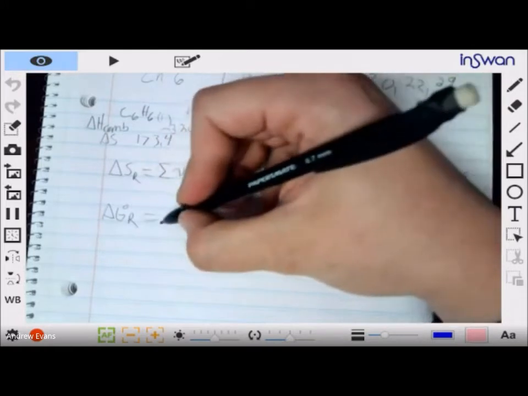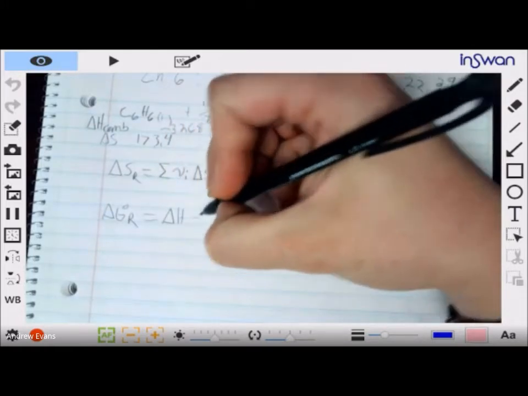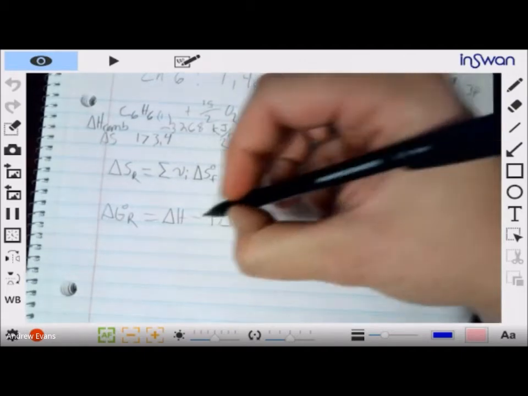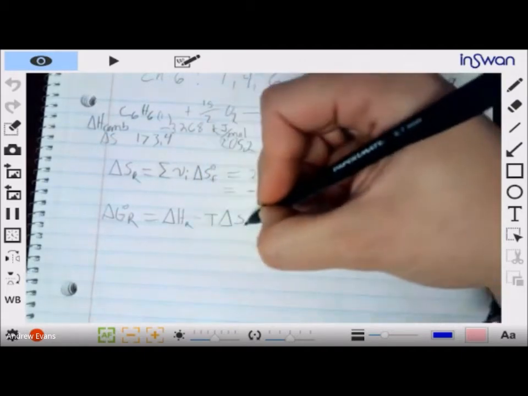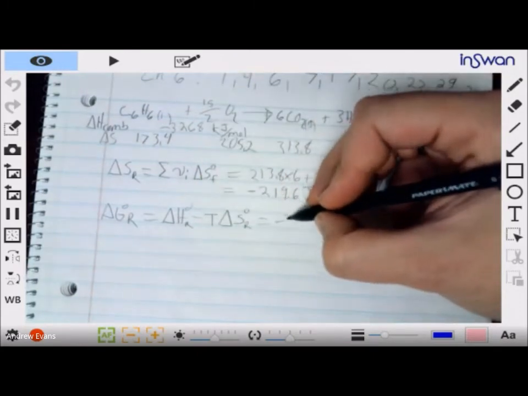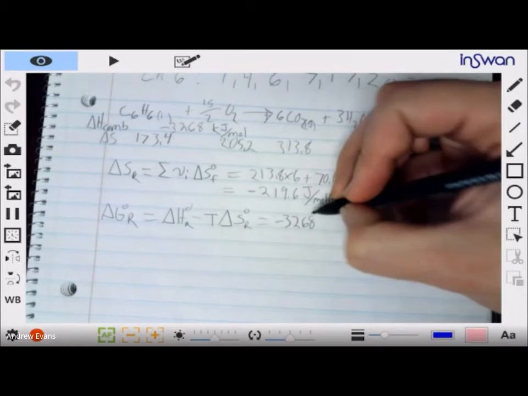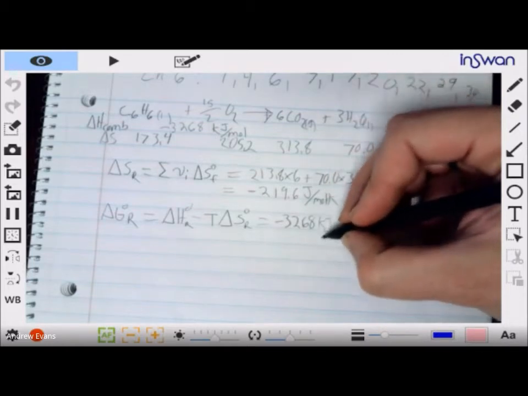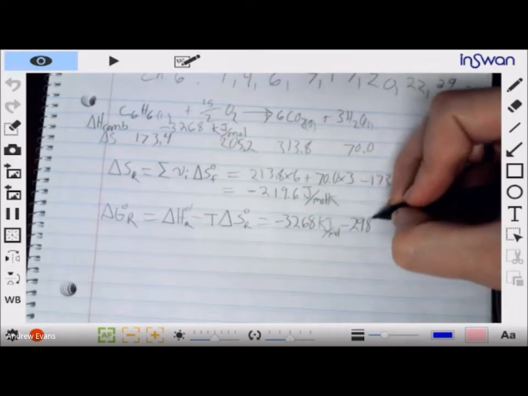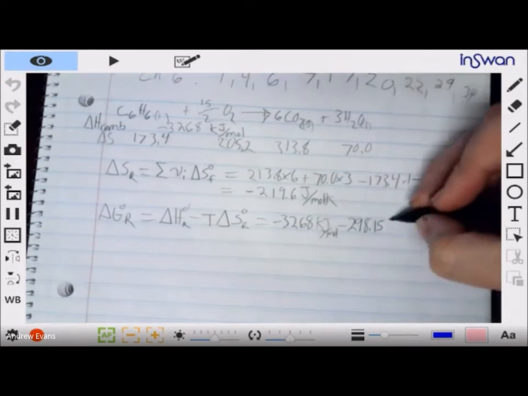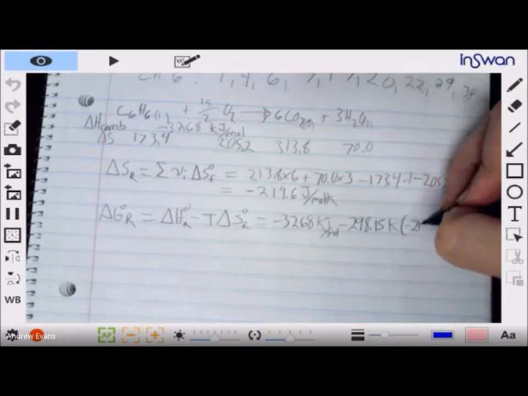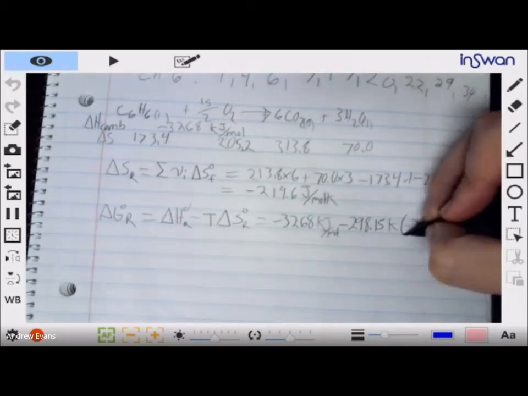Gibbs is simply our delta H minus T delta S. So plugging that in, negative 3268 kilojoules per mole minus 298.15 Kelvin times our negative 219.6 joules per mole Kelvin.